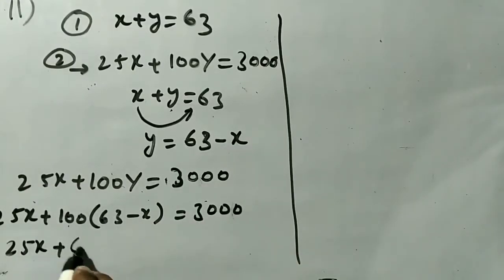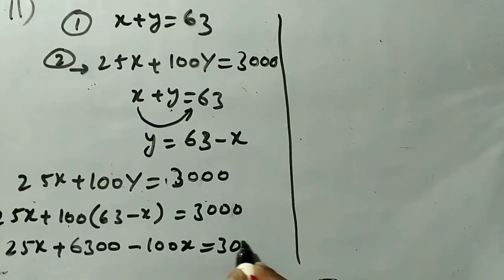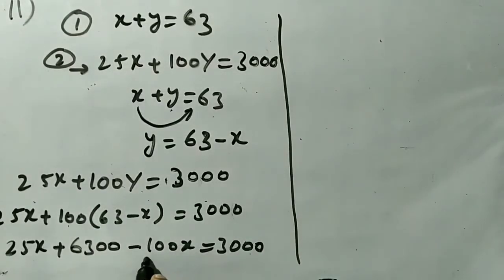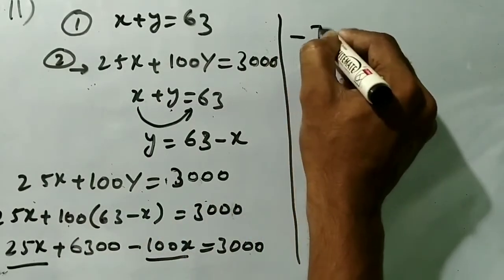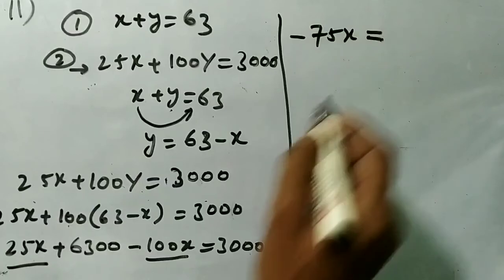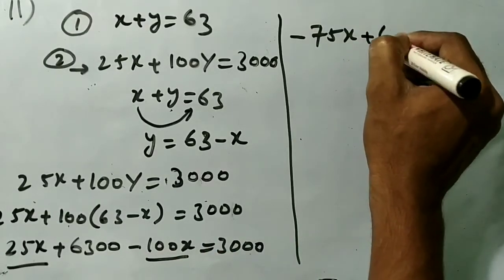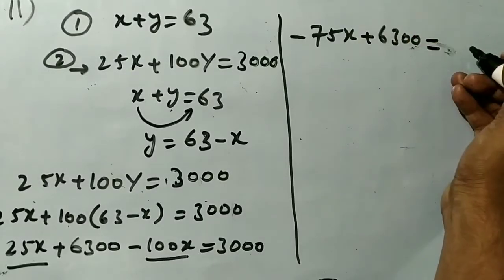So 6300 minus 100x plus 25x, that is minus 75x, is equal to 3000.